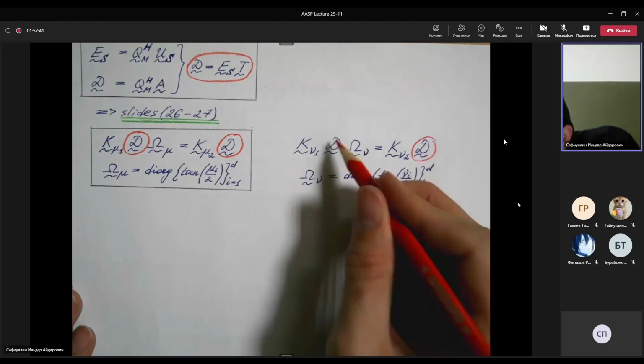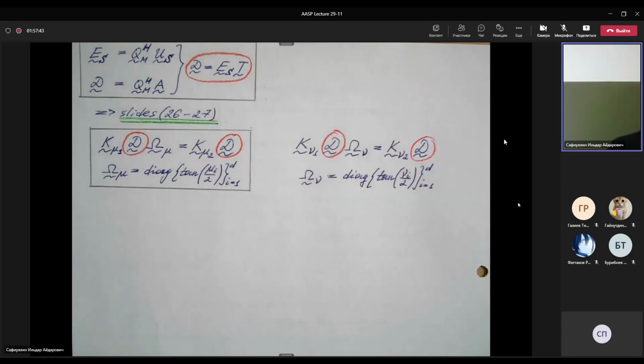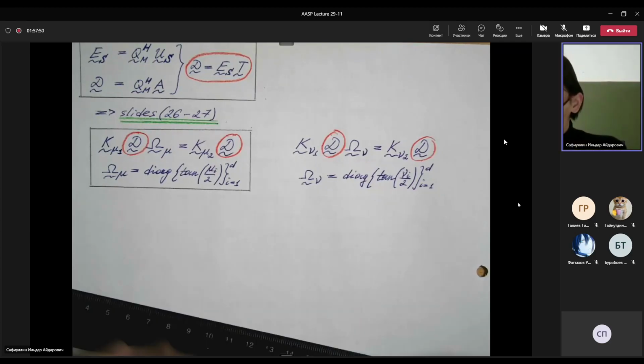Red color for matrix D, and I will put this equation into the box.